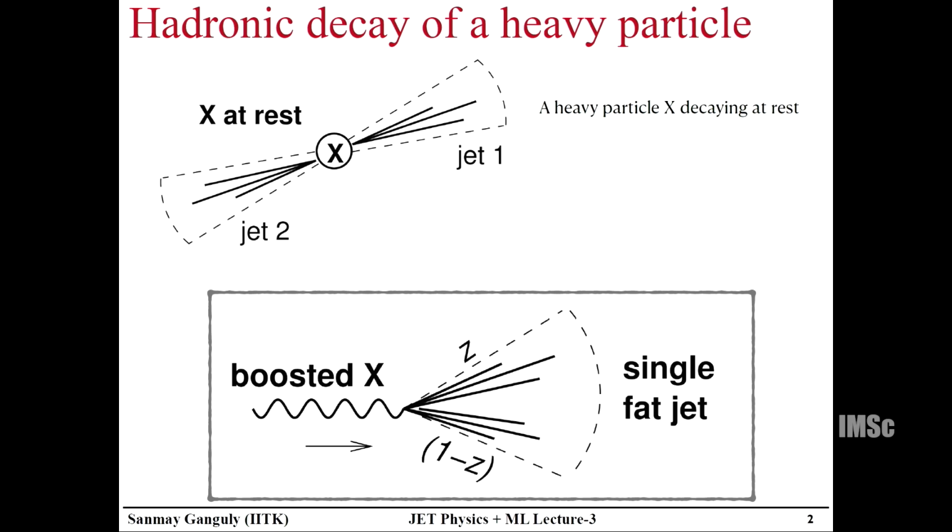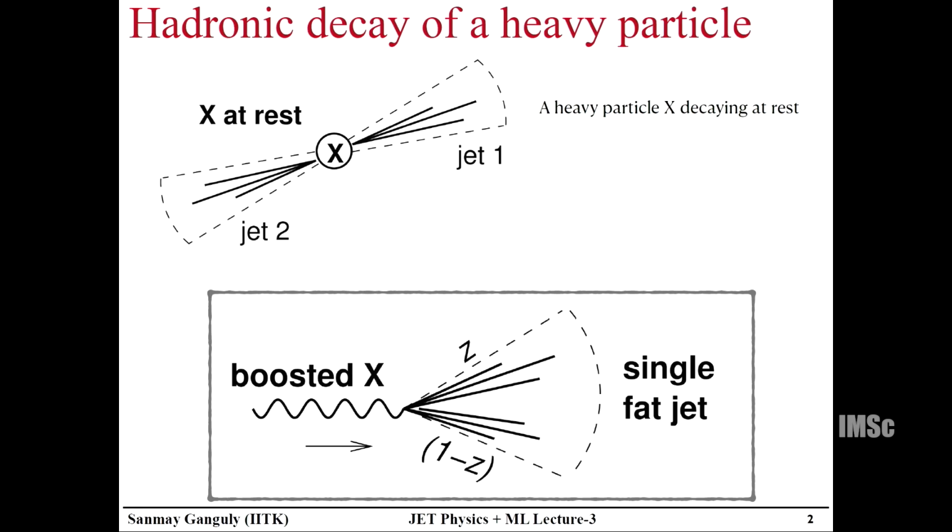And if you do class 10 level billiard ball problems, it's not hard to imagine that the decay products will be collimated with respect to each other, and the more the initial heavy particle is boosted, the smaller will be the opening angle between these two ejected daughter particles as measured from the laboratory frame, right?